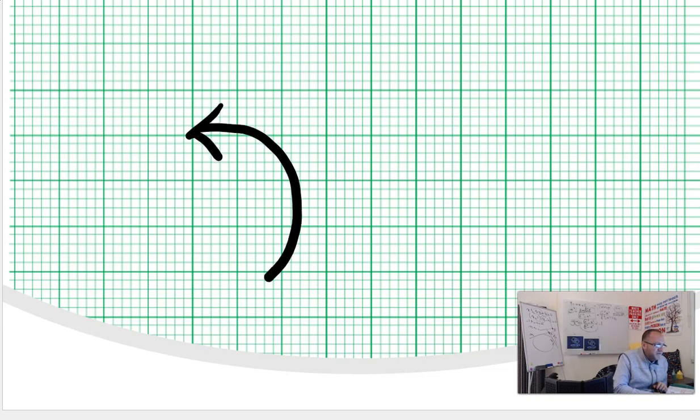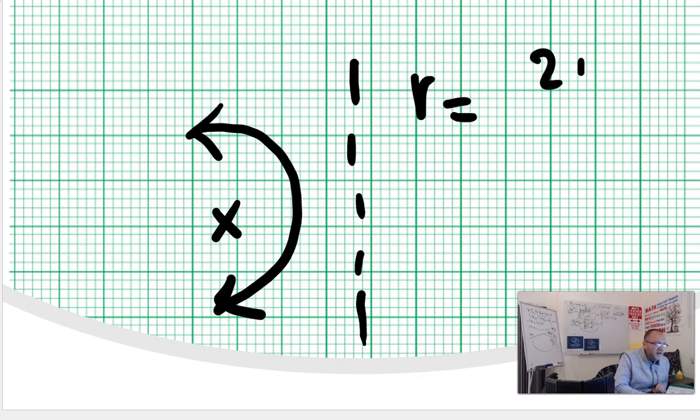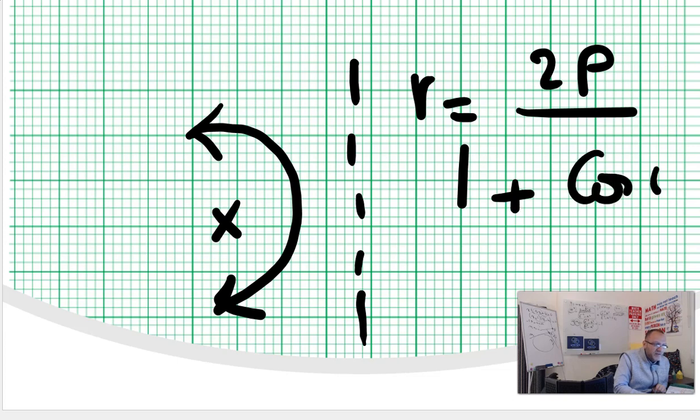We're going to talk about this in the next lesson, in the next video. The parabola is opening to the left, right? So if you are dealing with a parabola here, what's the equation? R equals 2p over 1 plus cosine theta, exactly.